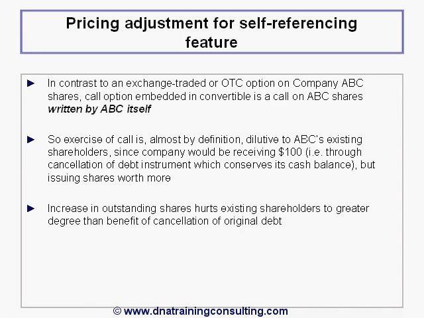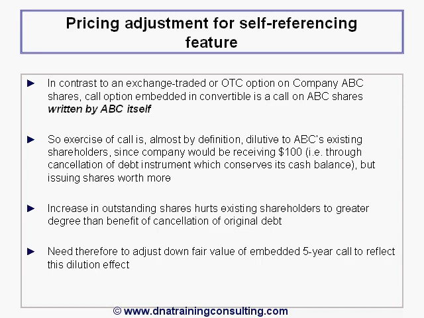This increase in outstanding shares hurts the existing shareholders to a greater degree than they are benefited by the cancellation of the outstanding debt at maturity without payment in cash. In short, we need to adjust downward the fair value of the embedded 5-year call option to reflect this dilution effect.